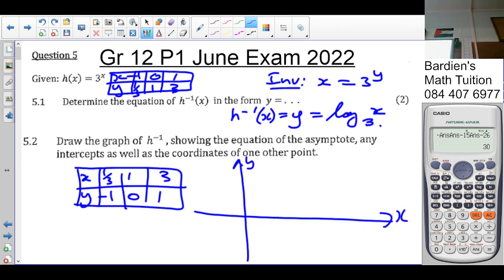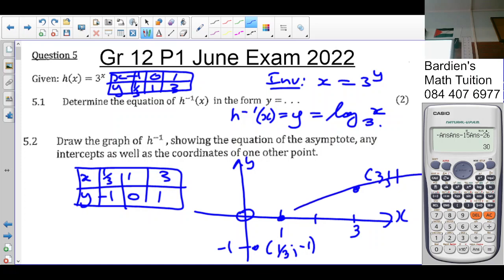Okay, so x, that is 1, is 0. X is a third, is minus 1. So, 1 and 0, and 3 and 1. One of these 2 points must be on the graph, okay?